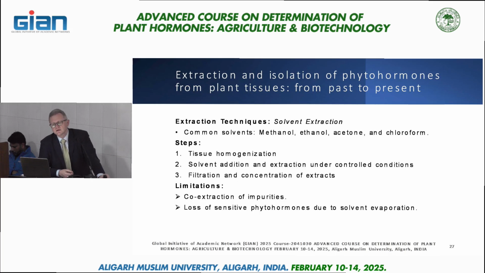SPE, solid phase extraction, works by passing the extracted sample through a cartridge filled with a specific sorbent material. Depending on the chemical properties of the phytohormones, different types of cartridges are used.